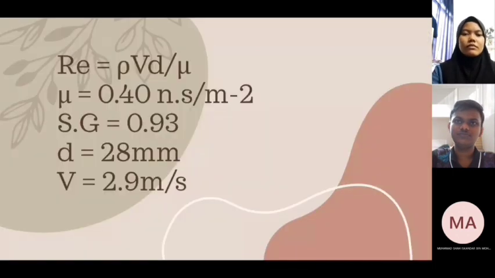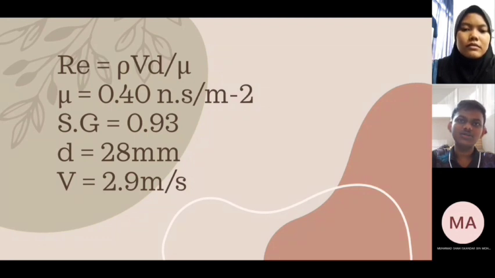So the solution: we use Re equals density times velocity times diameter over viscosity. In the question they gave specific gravity, which is 0.96. The diameter of the pipe is 28 millimeters. The velocity is 2.9 meters per second.